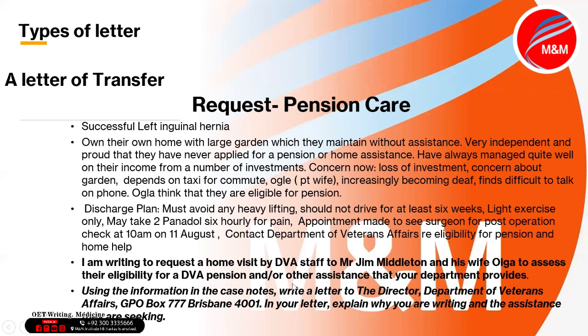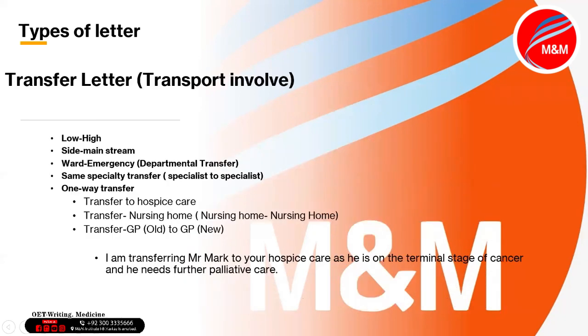I'm writing to request a home visit by Department of Veteran staff and his wife to assess. So basically, we are trying to highlight that this thing should be addressed quite clearly over here. This is just an example for you that has been discussed.